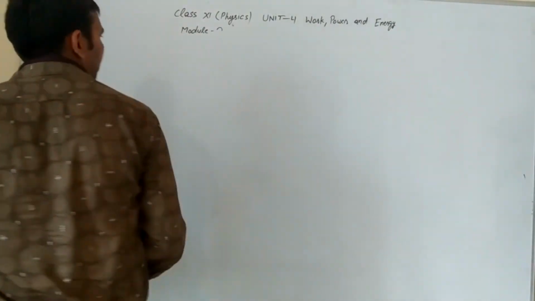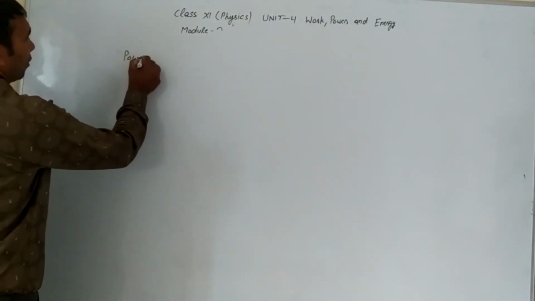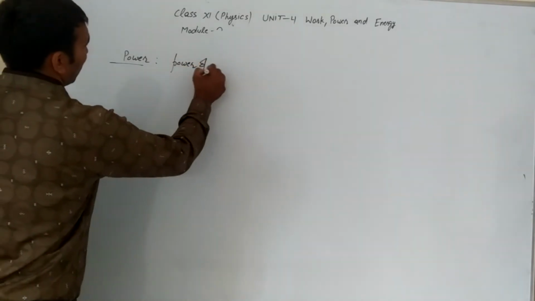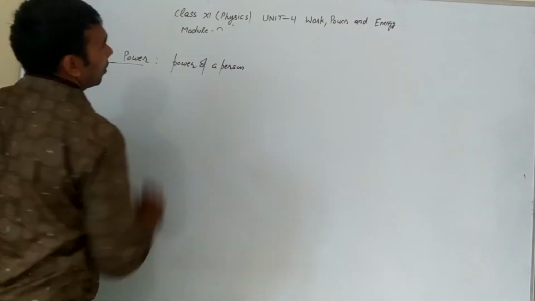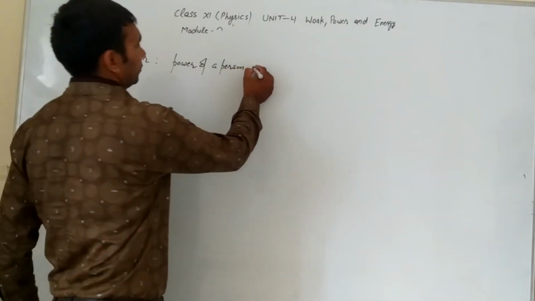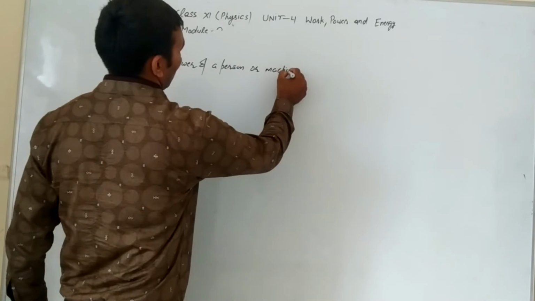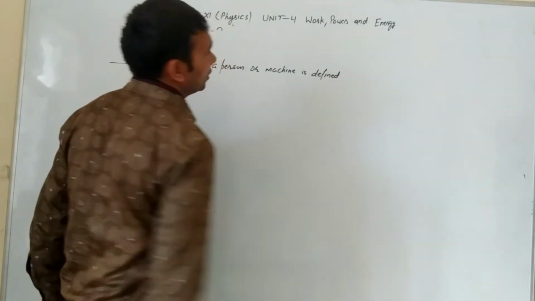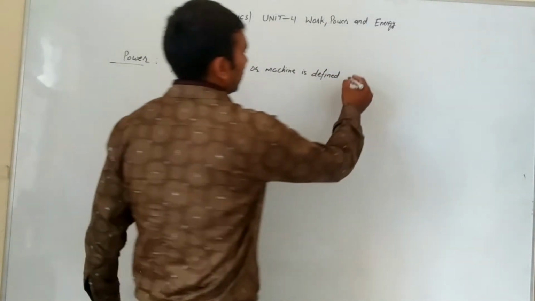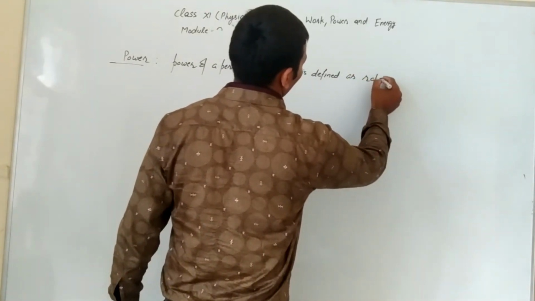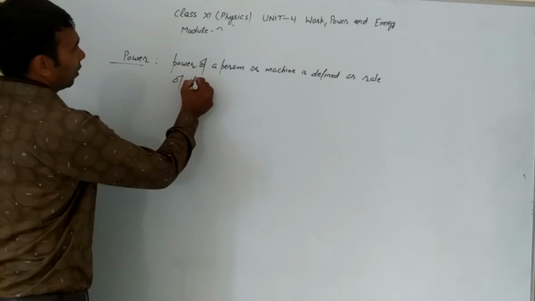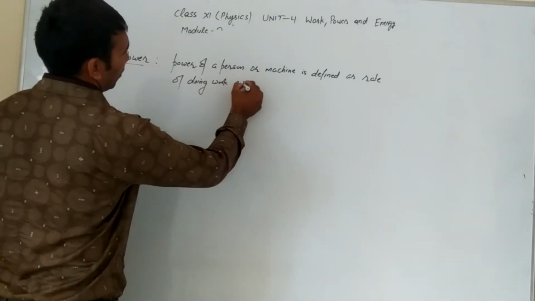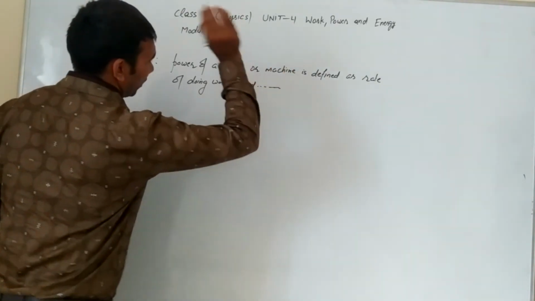Power of a person or a machine is defined as the rate of doing work, called power.